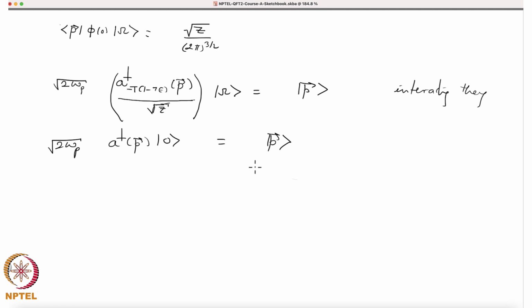And how did we achieve that? By operating with this operator.